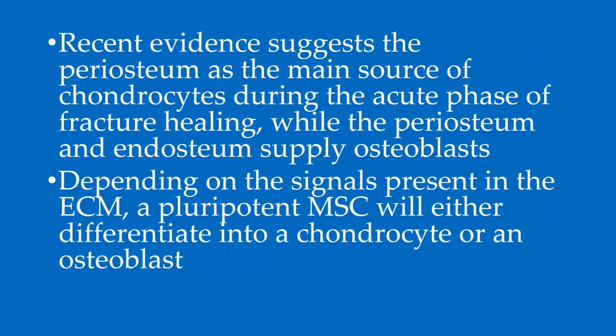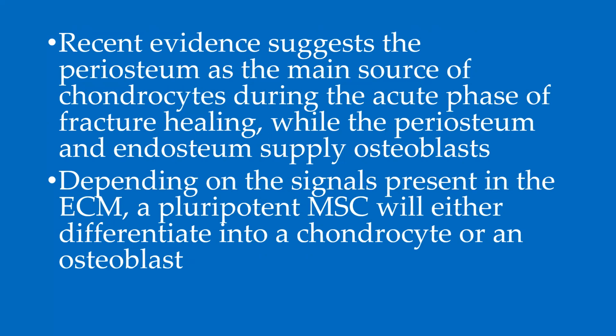Recent evidence suggests that the periosteum, the covering of bone, where you have the osteoblast, you have the cambium layer. Cambium layer means immature osteoblast, which will change to osteoblast on demand. The periosteum is the main source of chondrocytes during the acute phase of fracture healing, while the periosteum and endosteum supply the osteoblast.